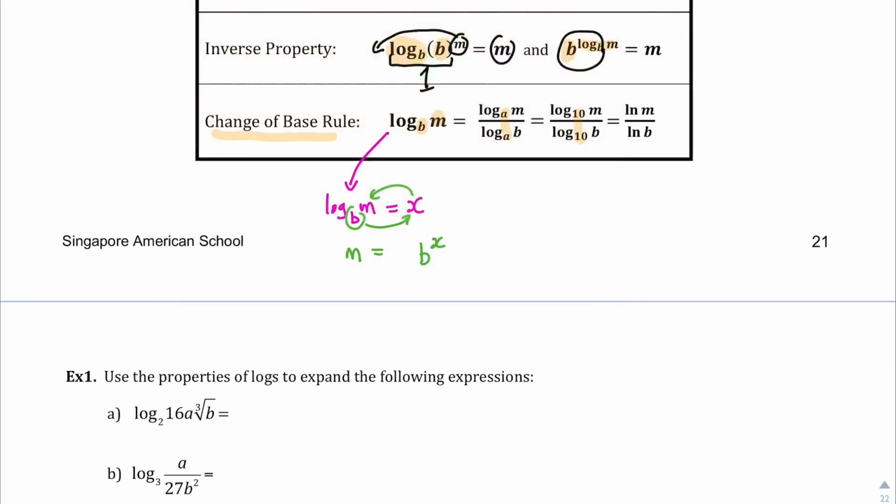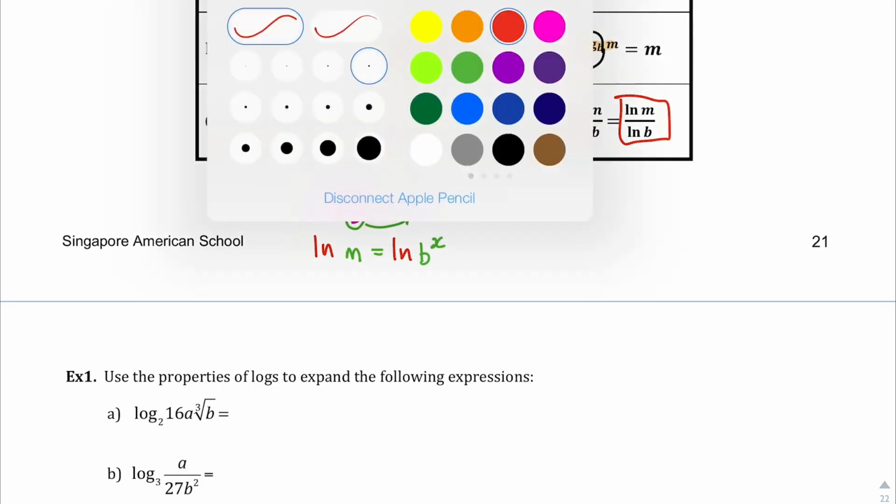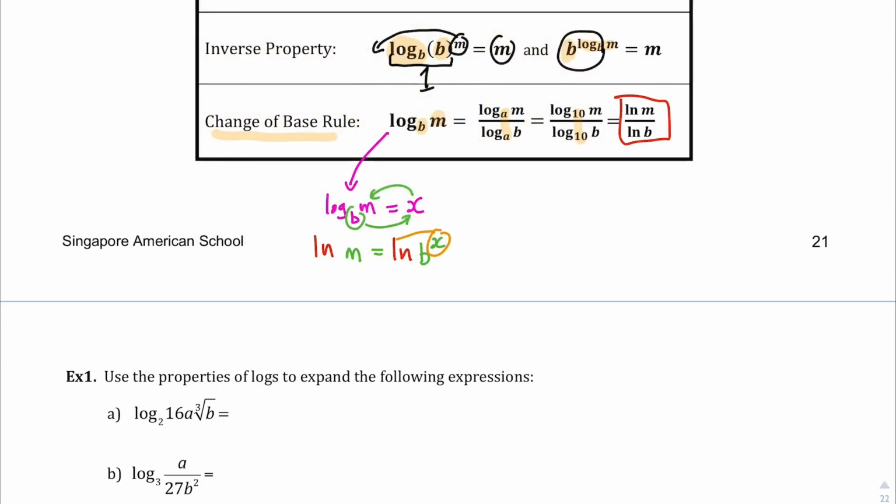And so let's, for argument's sake, use base e. I'm going to introduce ln to both sides of that expression. I'm then going to use the power rule to rewrite the x, and so I have ln m equal to x multiplied by ln b.